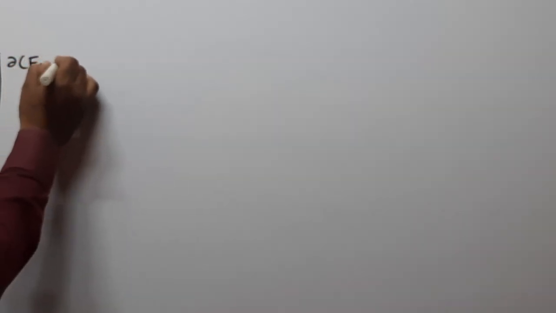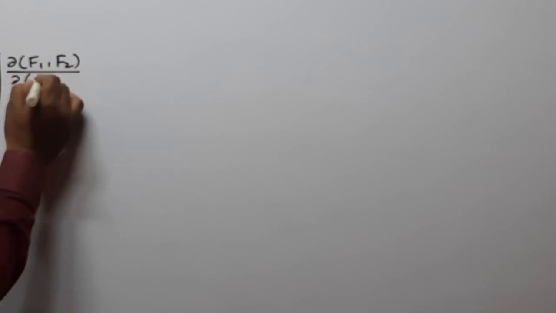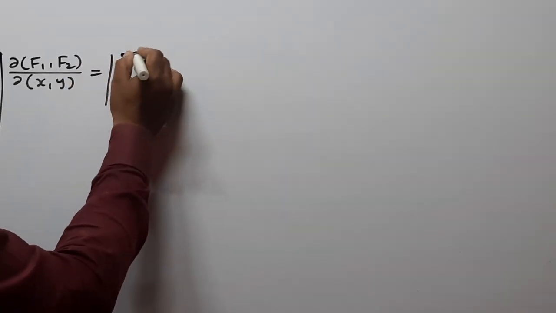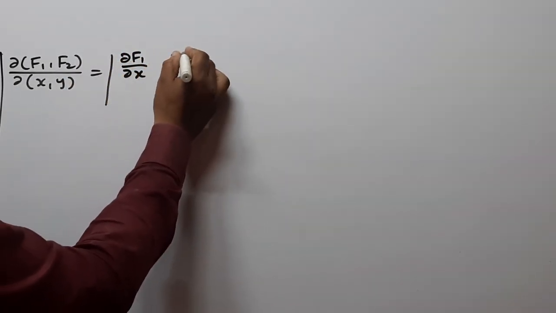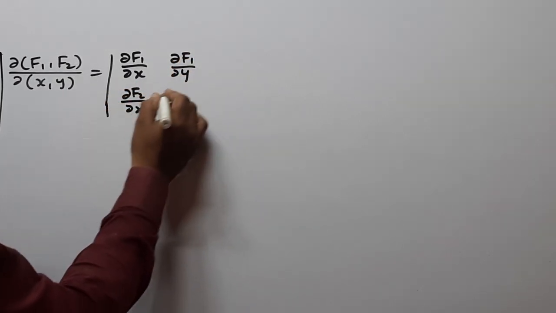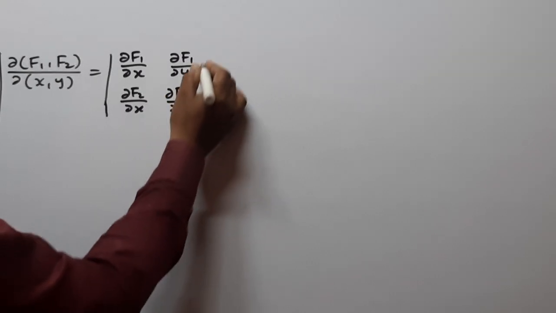Now we find the Jacobian of f1, f2 with respect to x, y. By definition, the Jacobian of f1, f2 with respect to x, y can be written as del f1 upon del x, del f1 upon del y, del f2 upon del x, and del f2 upon del y.